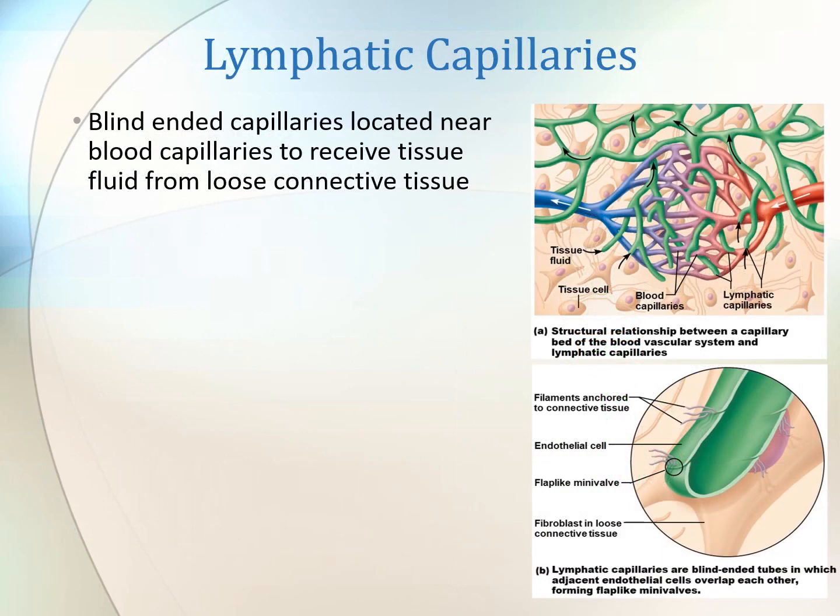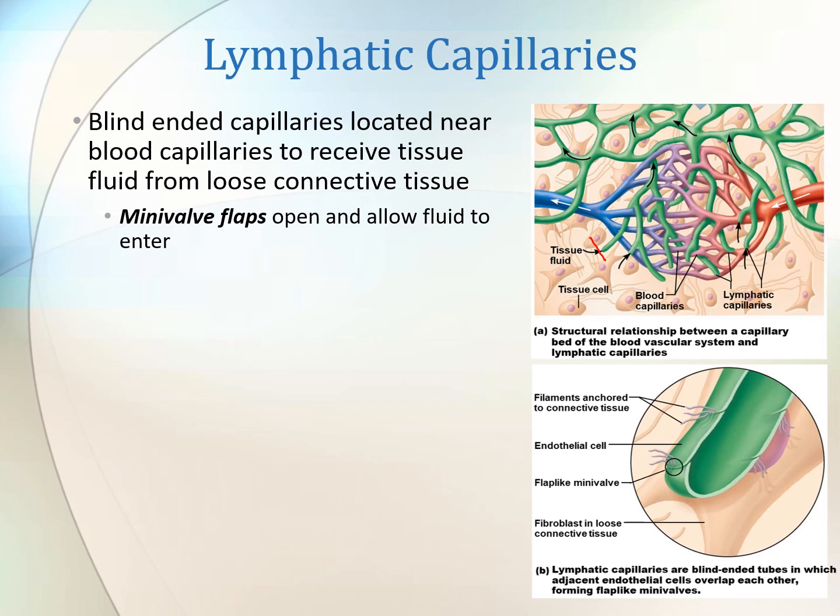So let's talk a little bit more about those lymphatic capillaries because they have some special features to them, okay? So they're blind-ended capillaries, meaning they have an end, right? So they're not a continuation like the capillary bed from the artery to the vein. We have a blind-ended tube, and so essentially they're just going to pick up fluid and anything else.